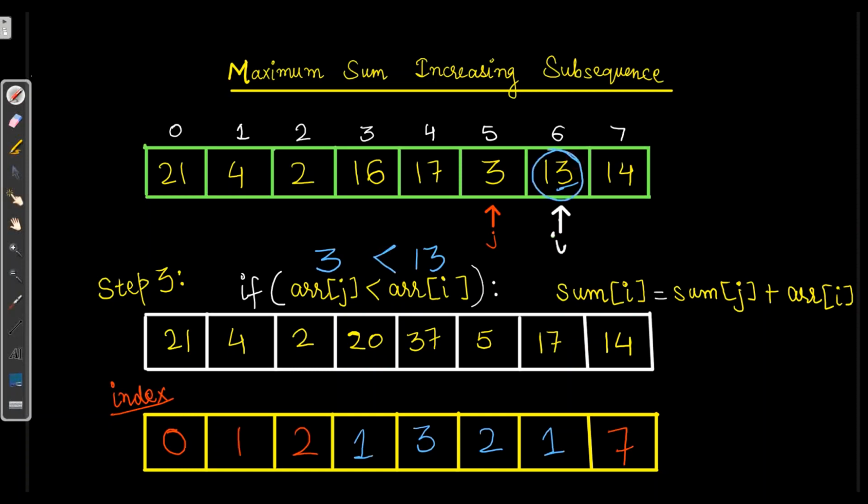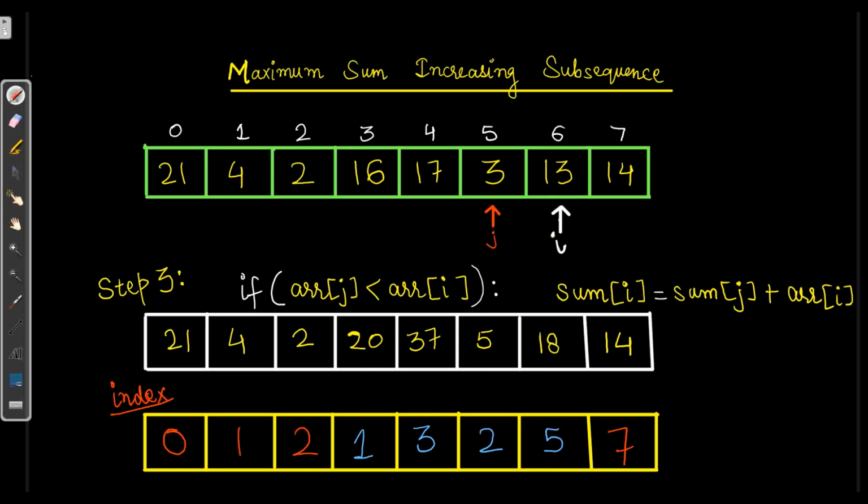So I'll take this value 13 and this value 5. So 13 plus 5 is 18. 18 is greater than 17. So instead of 17, I'll write here 18. And the index from where I have taken the value, I'll write over here 5th index. So here I'll write 5 like this.